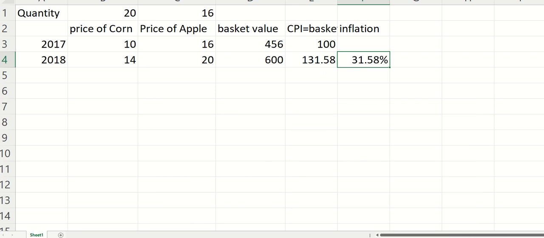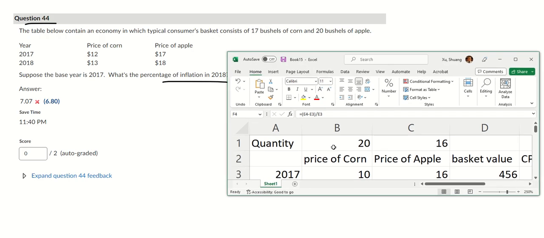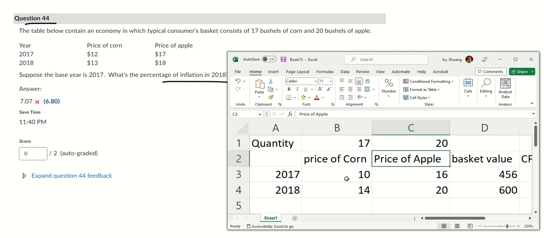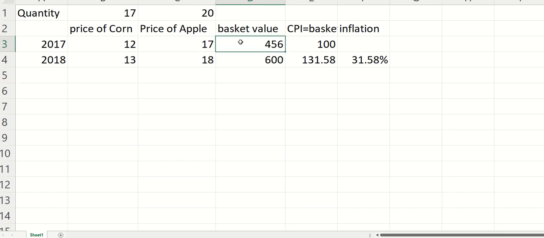Now, if we're working with the new numbers here, we have 17 for corn, 20 for apple, and then the prices, we have 12 and 13, 17, 18. So let me retype this. This equals 12 times 17 plus 12 times 20.